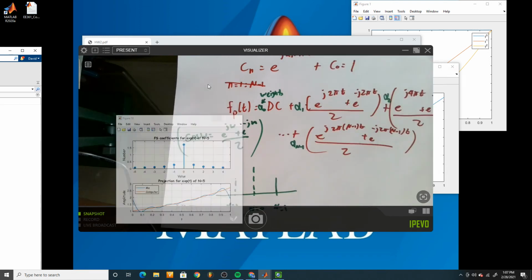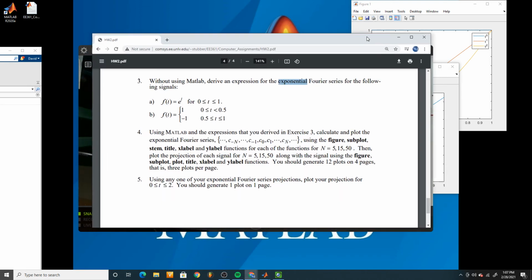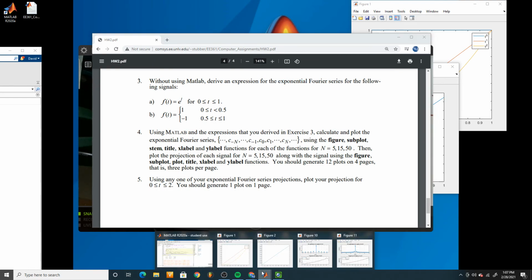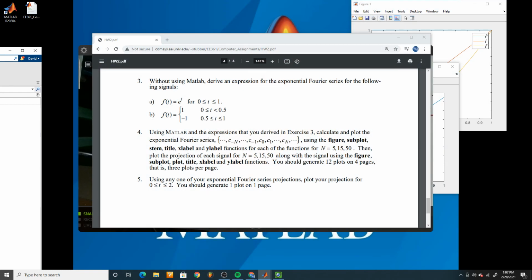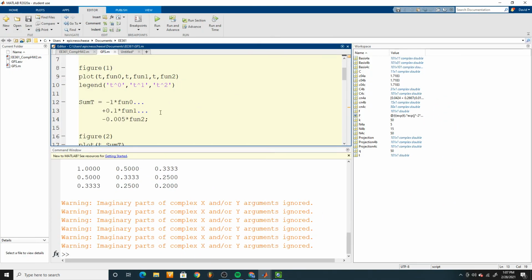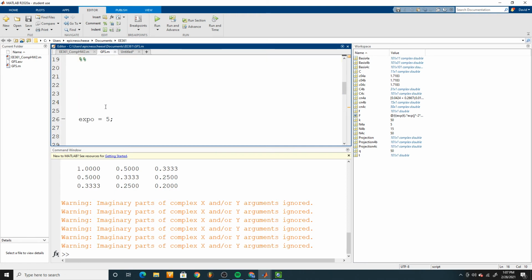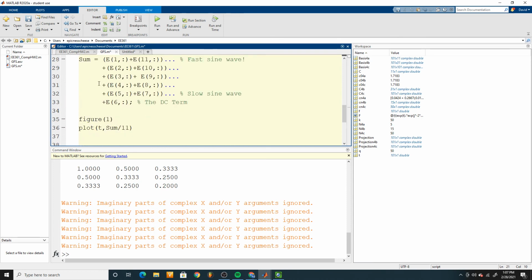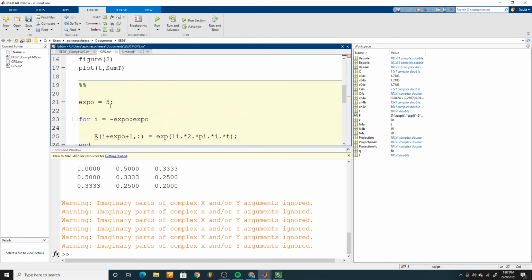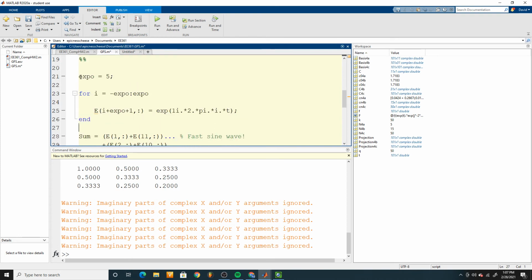But I will show you the other way I wanted to show you, the cool way. I created this little example right here. Let me close my marker. Let's figure it out right here. So here I create our exponential signals.